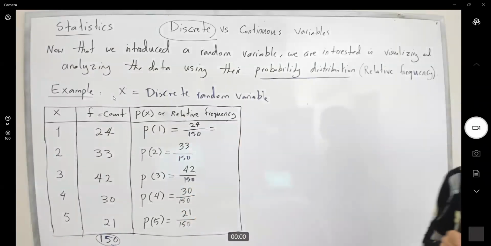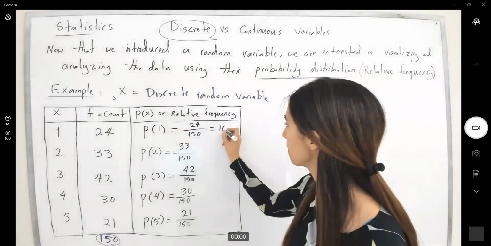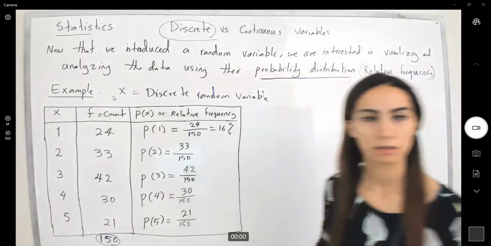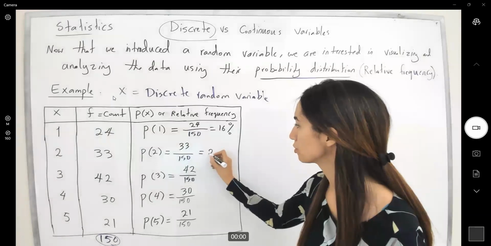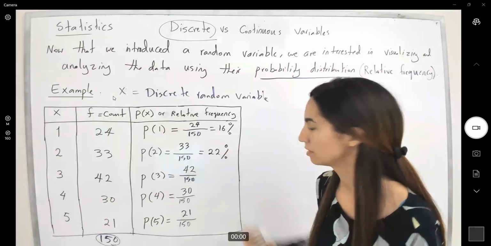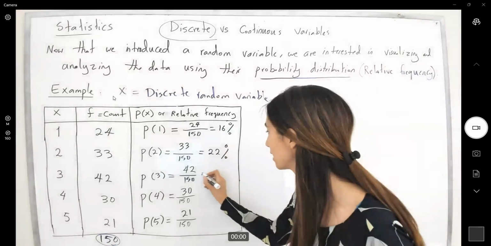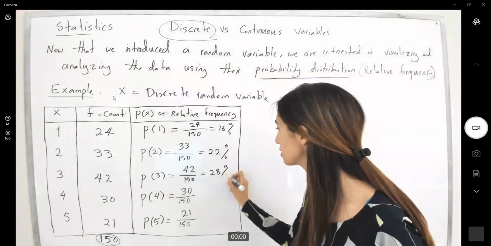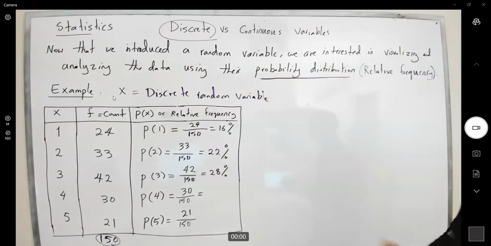Okay, the very first one is 16%. The second one is 22%. The third one is 28%. The fourth one is 20%.